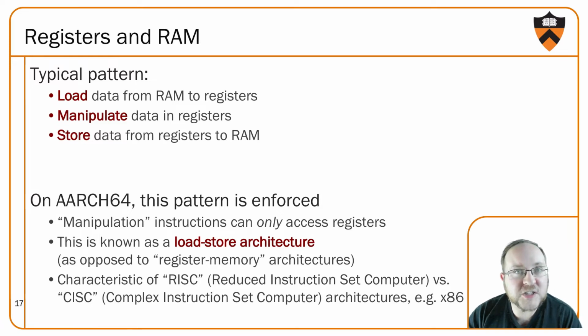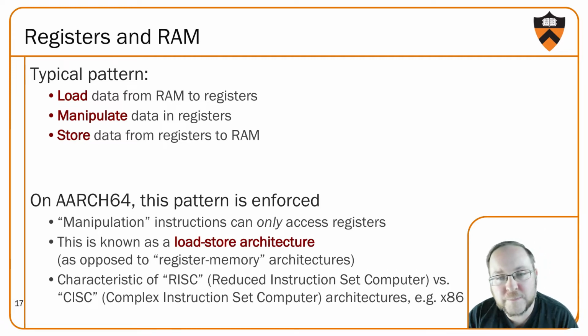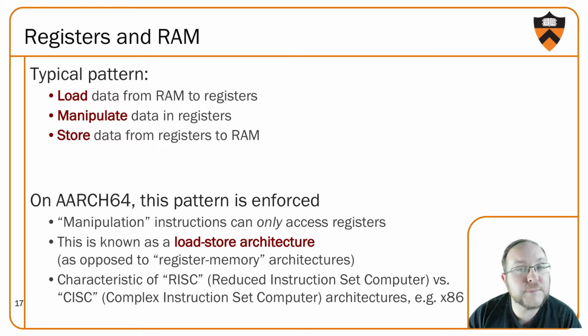This choice of having a small instruction set is emblematic of the RISC idea, the reduced instruction set computer, as opposed to CISC, the complicated or complex instruction set computer. So RISC has a simple set that encompasses all the things you need to do, but you might have to compose them together to do anything of real substance. CISC, on the other hand, has a complicated set.